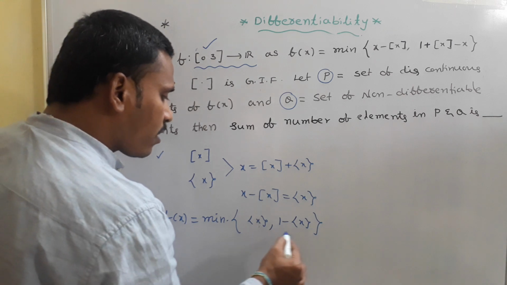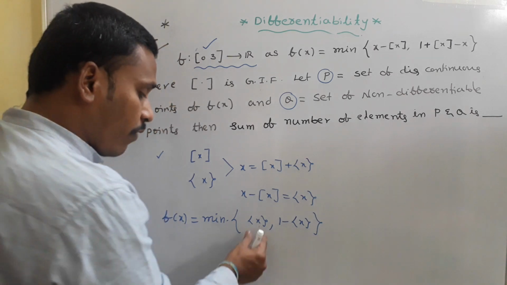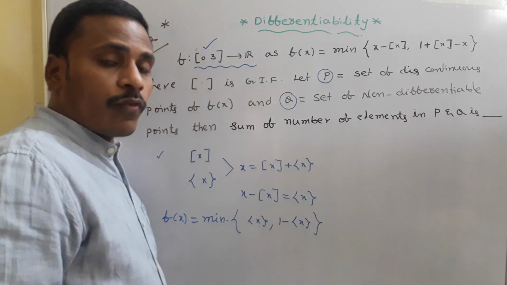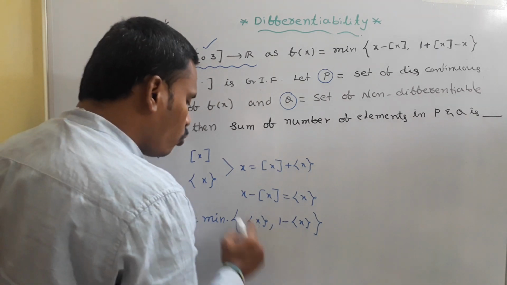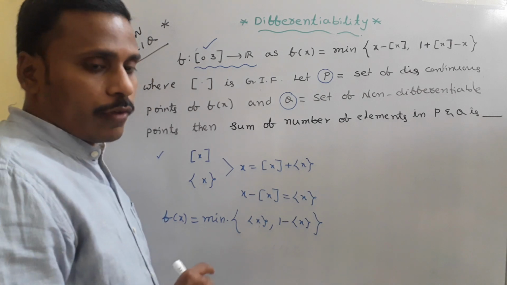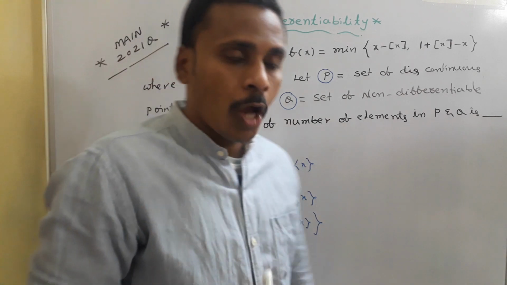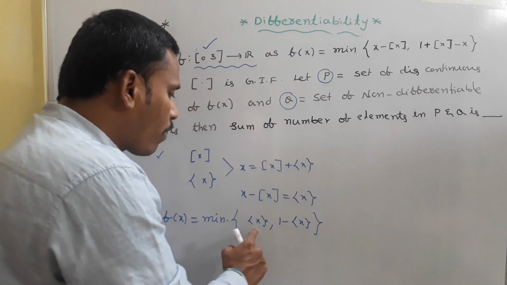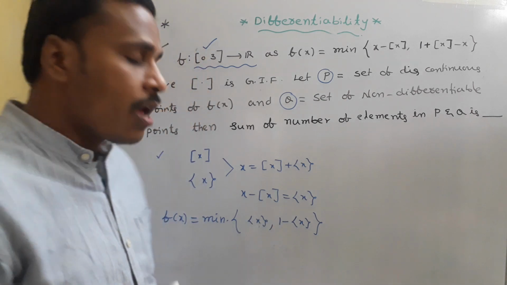Among fractional part of x and 1 minus fractional part of x, the minimum is the required function f(x). This is the definition of f(x) in terms of the fractional part of x and 1 minus the fractional part of x.